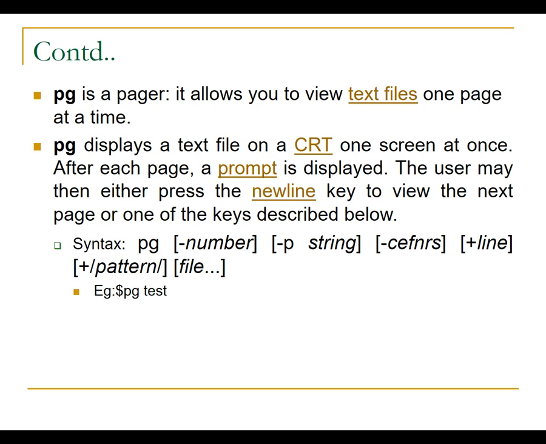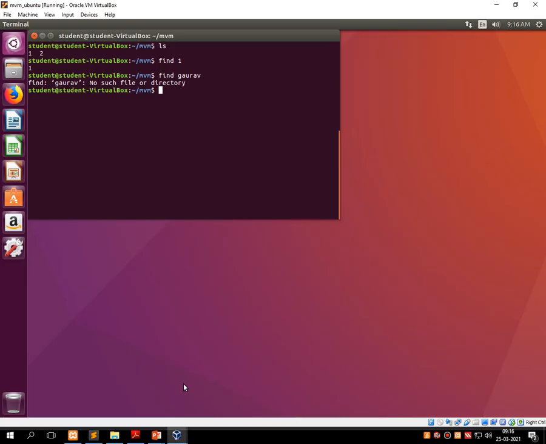Next one is pg. pg is called a page header. It allows the user to view a text file one page at a time. That means, say for example, in my file called 1 I have only a single text, that is student.